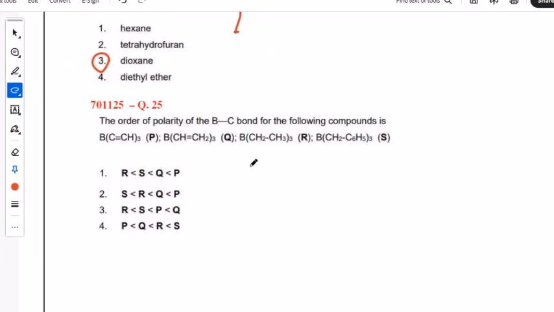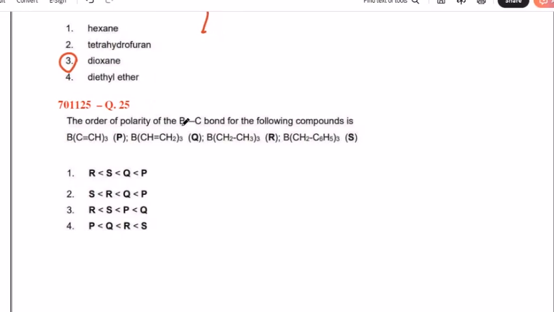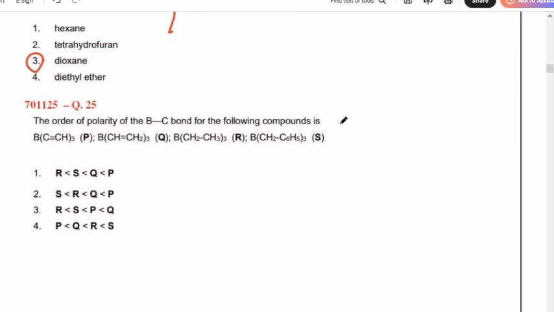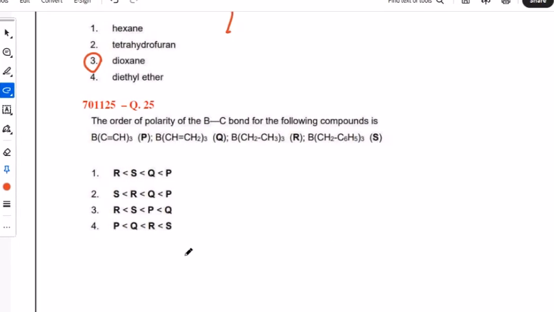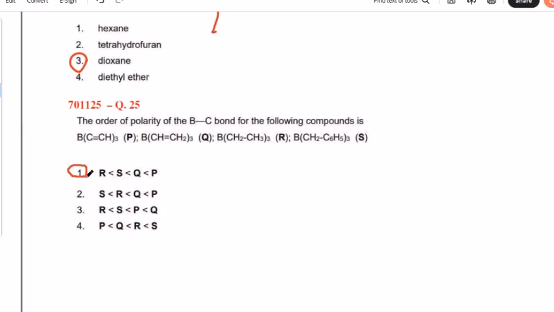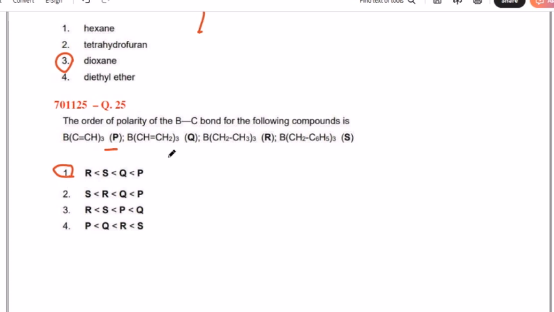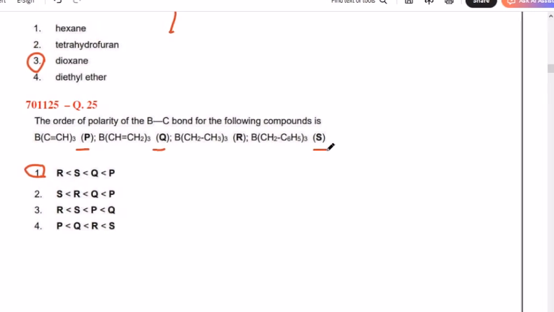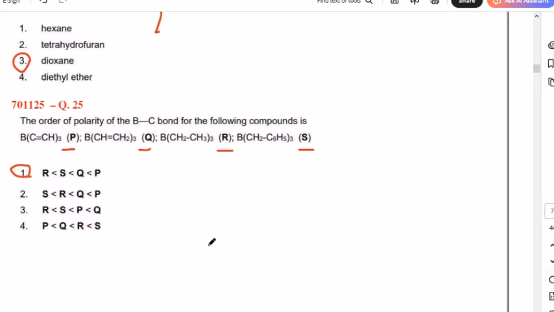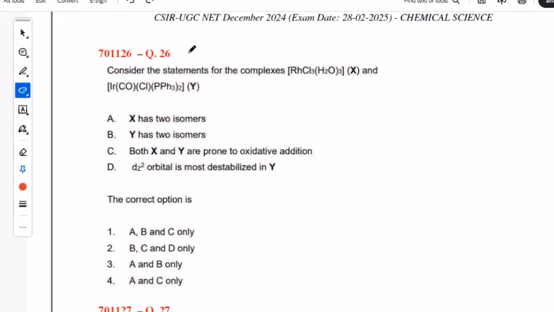Next, the order of polarity of the boron to carbon bond for the following compounds. The correct option for this question is 1, that is P followed by Q followed by S followed by R. Next, question number 26.